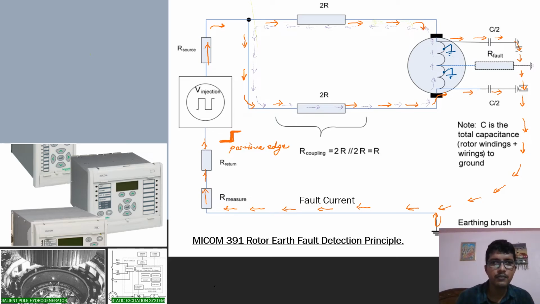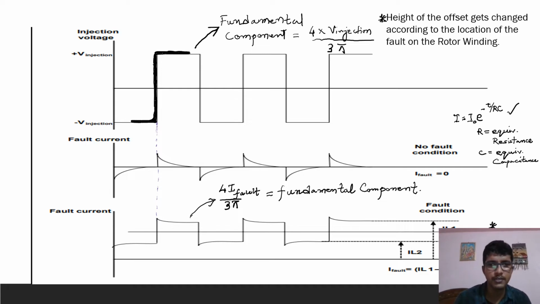So let's see the waveforms now. Let me just switch off the camera, right? So now this is the V injection source, a square wave, positive and negative halves. By Fourier analysis, you can find that the fundamental component is 4 into V injection by 3 pi.